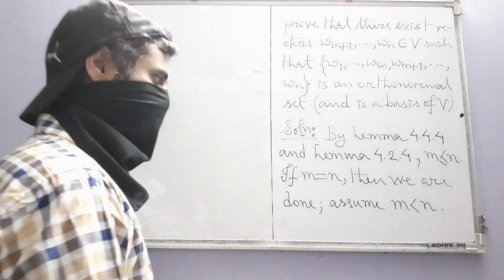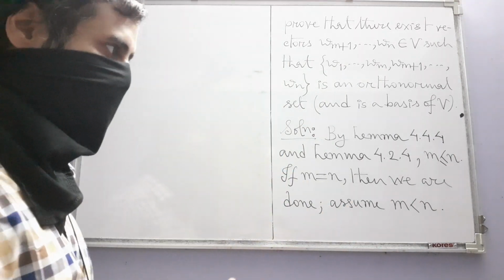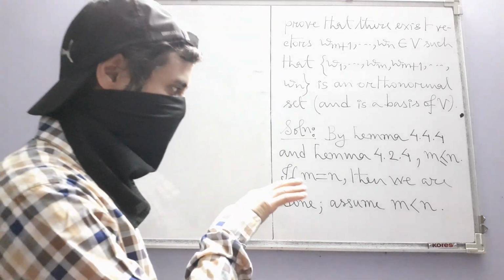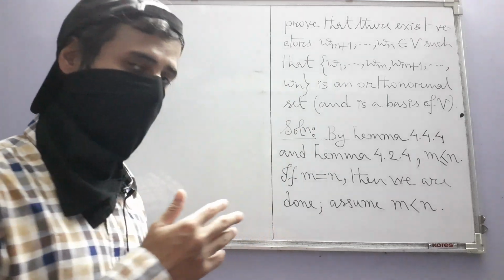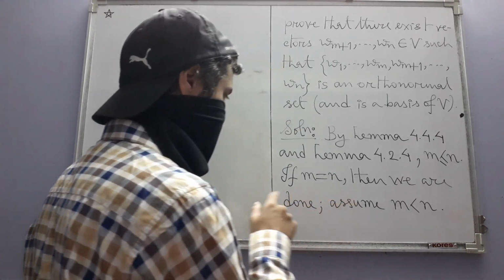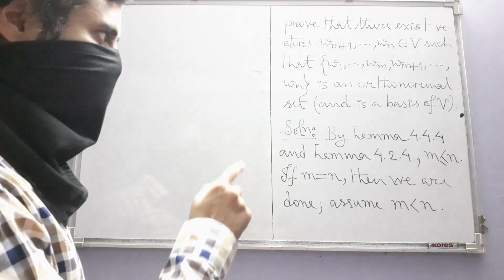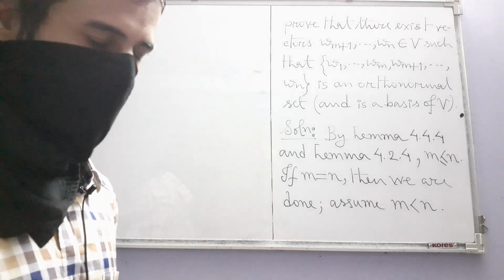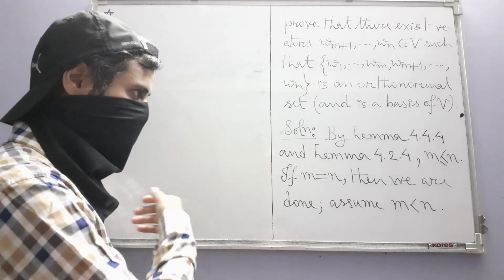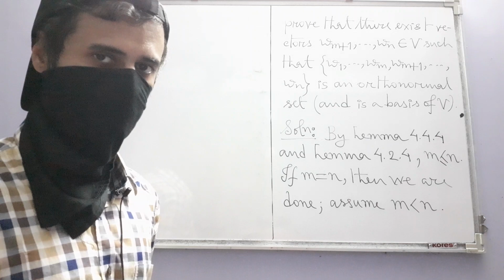Okay. Now you recall a result that we saw in the theory of vector spaces itself, not specifically for inner product spaces, but just for finite dimensional vector spaces. Namely, that if you are given a linearly independent set of vectors in a finite dimensional vector space, then you can introduce extra vectors to enlarge that given set into a basis.